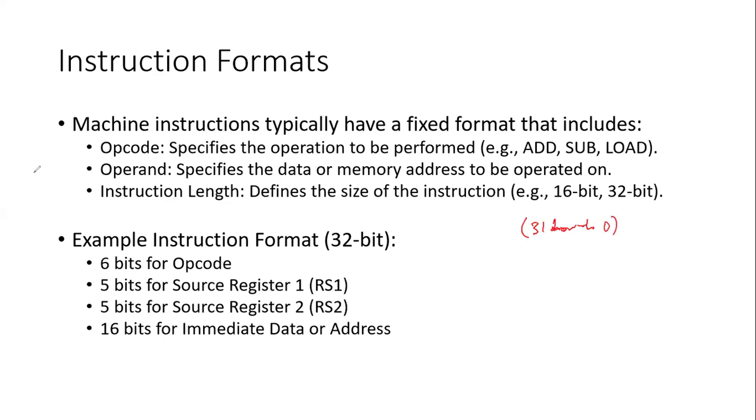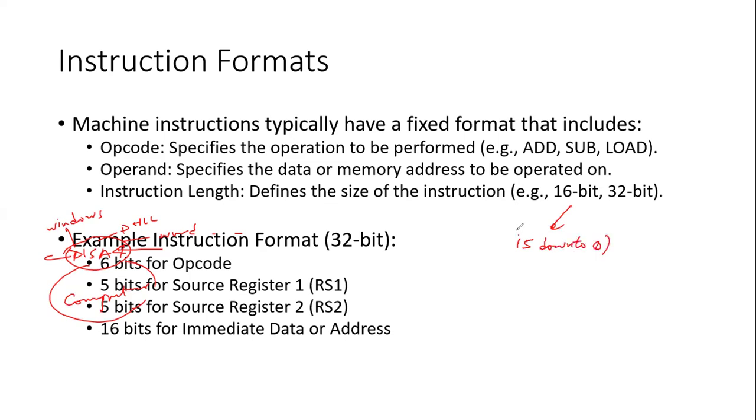So we're going to see all of those shortly, in our program as we go by. So 16 bits will be 15 down to 0. Then 32 bits will be 31 down to 0. So we see all of those, okay?